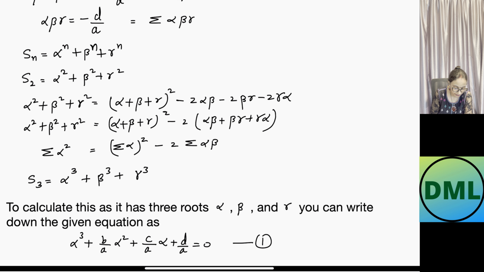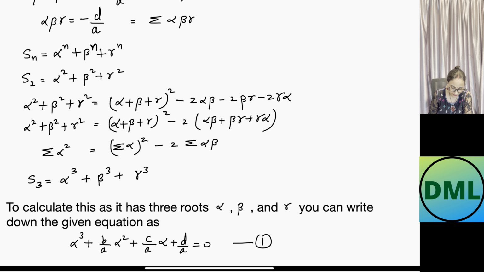This will be written as alpha plus beta plus gamma squared as it is. From here, I am taking minus 2 as a common factor. If I take out minus 2 as a common factor, I am left with alpha beta plus beta gamma plus gamma alpha.